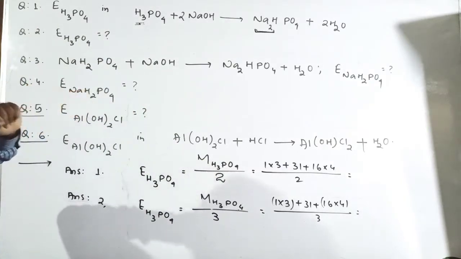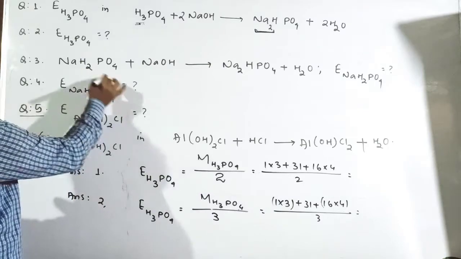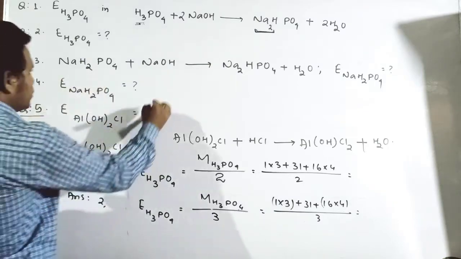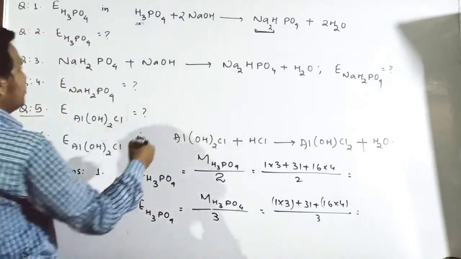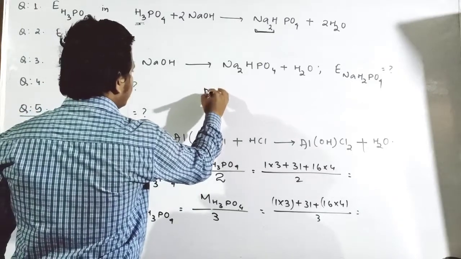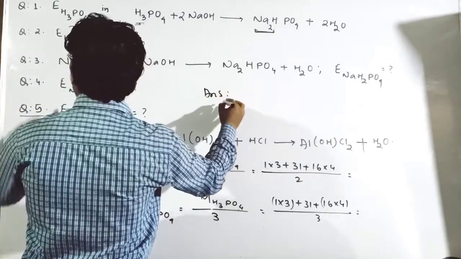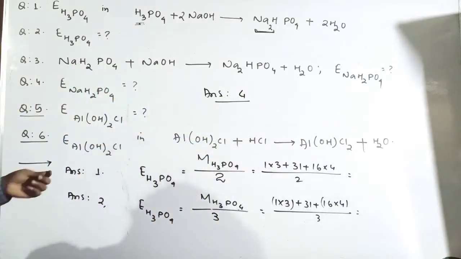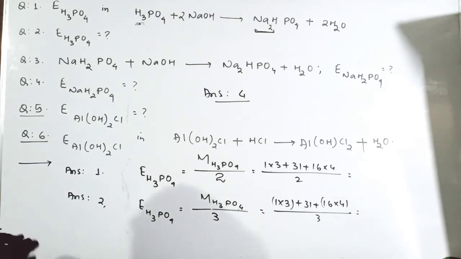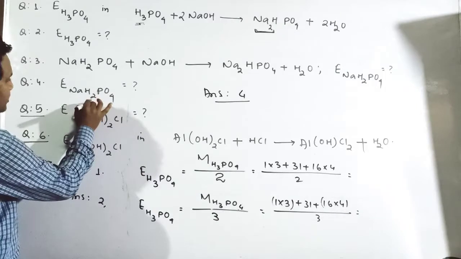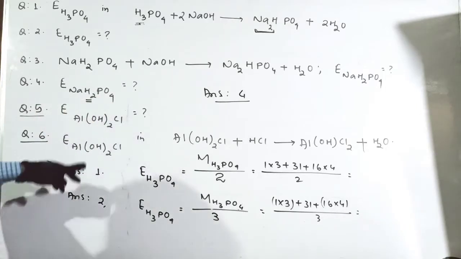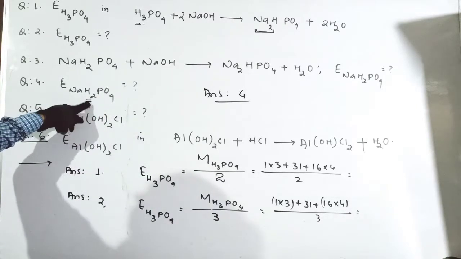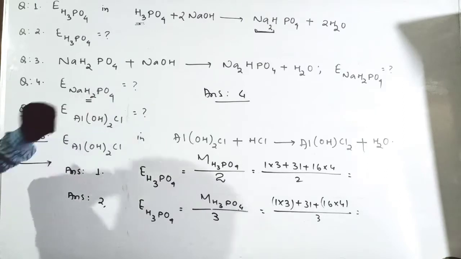In question 4, you see the equivalent mass of this. So the answer is number 4. Now what type of compound is this one? First check. This salt has replaceable hydrogen atoms.